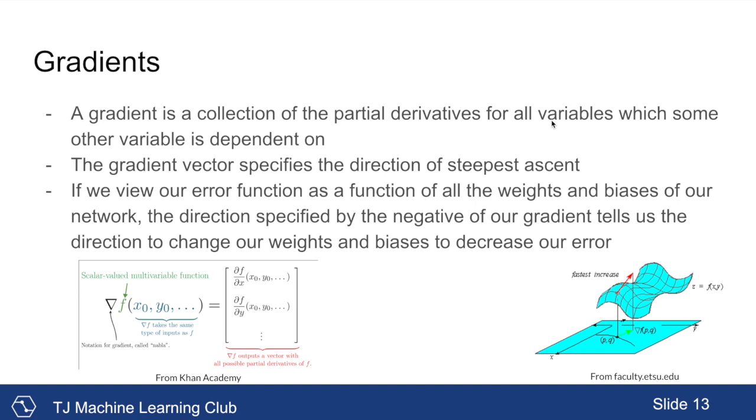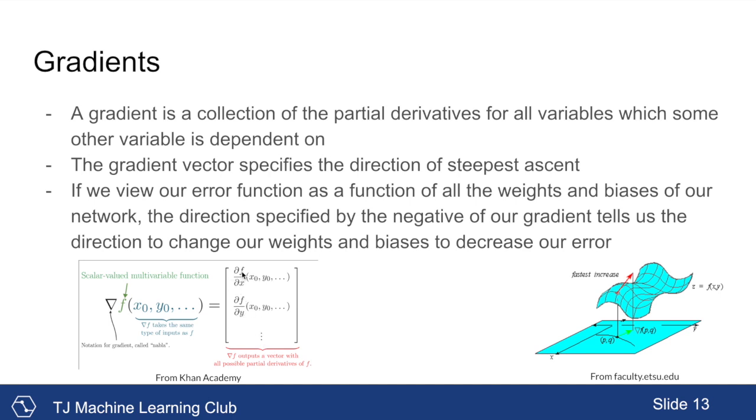Okay, so now that we know about partial derivatives, we can talk about gradients. The gradient is just a vector of all the partial derivatives of our function, right? The way you calculate it is you calculate the partial derivative of your output variable with respect to your first input variable, in this case x, and then the partial derivative of your output variable with respect to a second input variable, which is y, and so on.